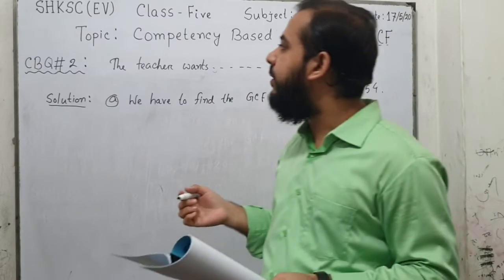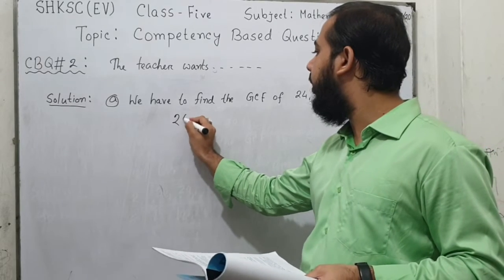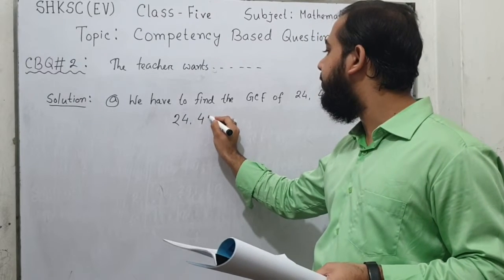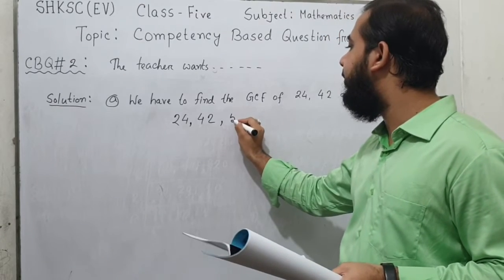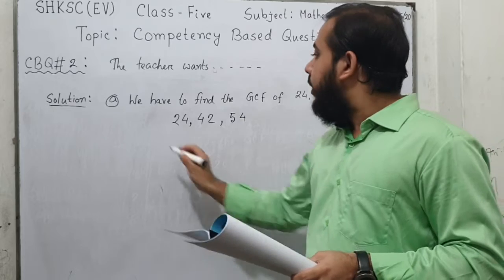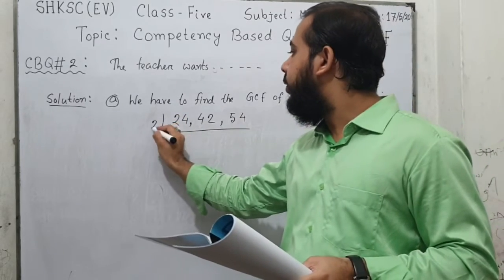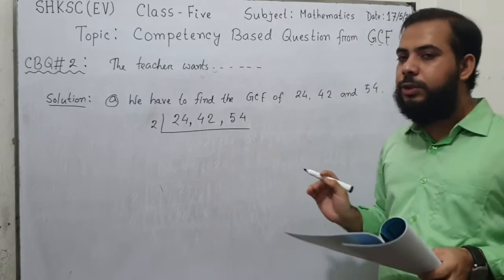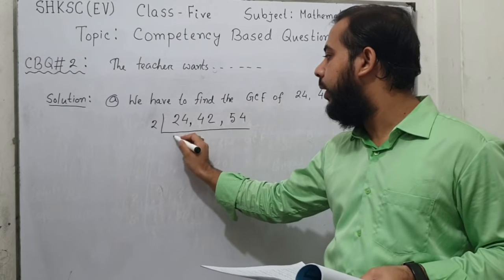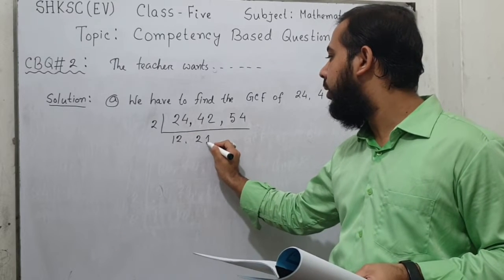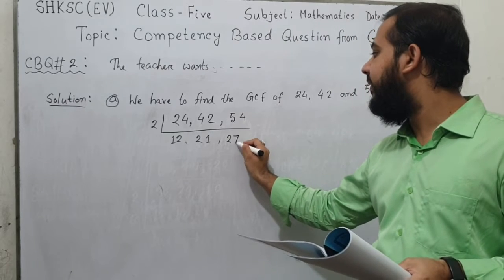As the previous one, we will do the Euclid method here. If we do Euclid here, at first we can divide by 2 because all are even numbers. So all even numbers will be divisible by 2. We divide by 2 and get 12, 21 and 27.